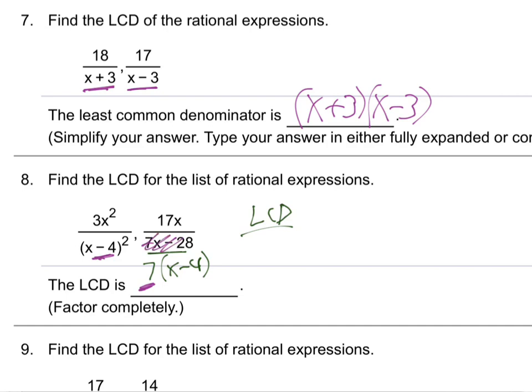This guy's gone. He's been replaced by the factored version. You with me? The only non-glued number is the 7. He's the only one that's an alone, separate, non-glued number. So we need him. He's the number part of the LCD.